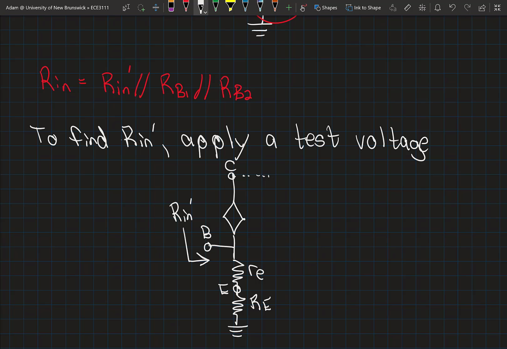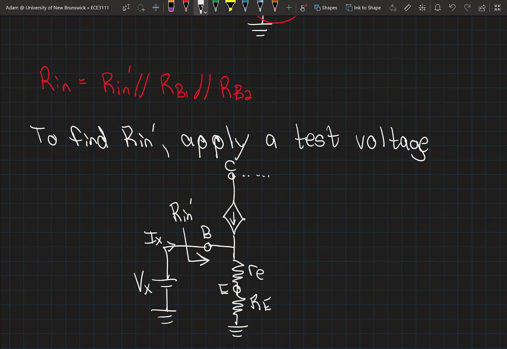One way of doing that is to apply a test voltage. Let's apply a test voltage Vx, and if we can calculate how much current Ix flows as a result of that applied voltage, we can then find the associated resistance looking in from that perspective.